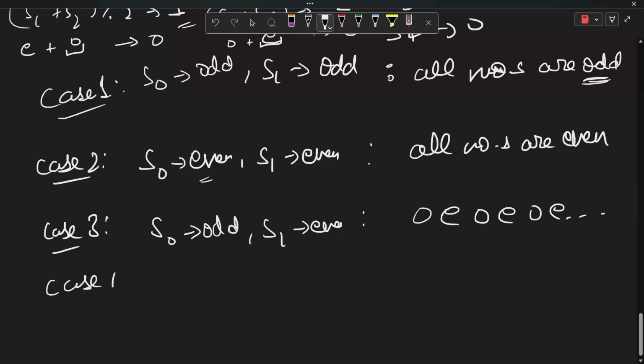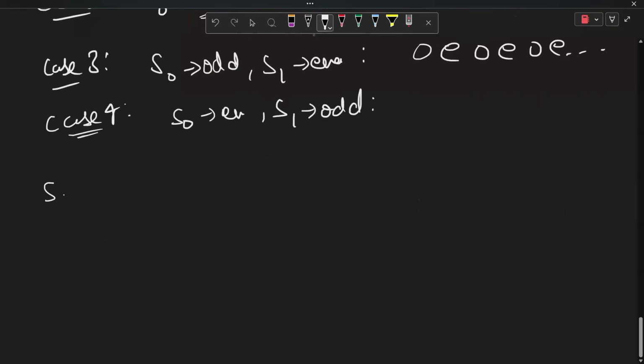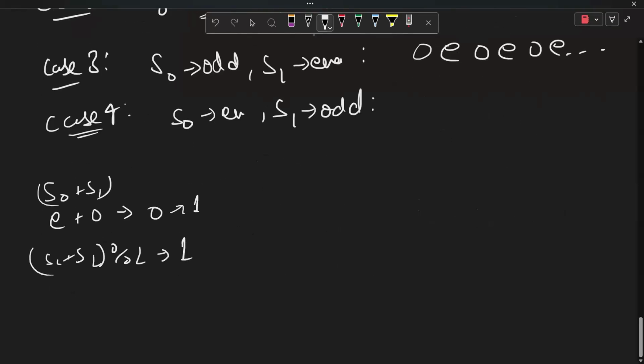For case 4, similarly, where S0 is even and S1 is odd, if you analyze S0 plus S1, even plus odd, you would get an odd. It means modulo 2 would be 1. So S1 plus S2 modulo 2 should also be 1.